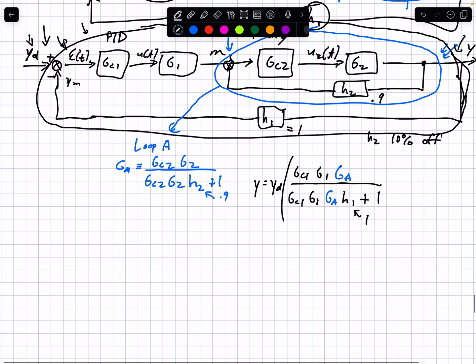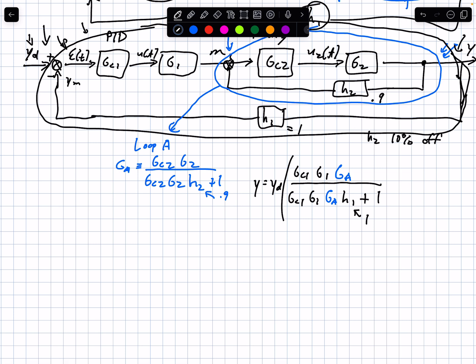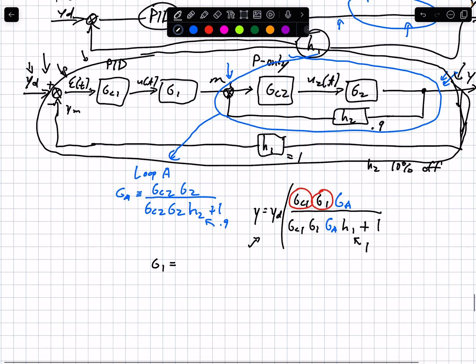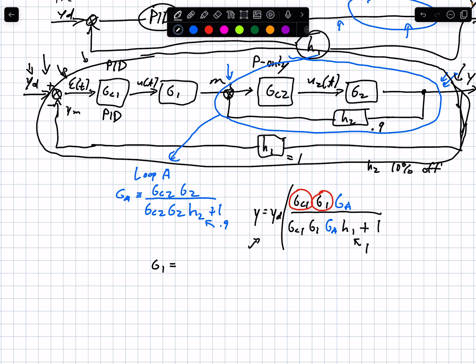All right, so in this y equation, what do we know? We actually know GC1 and G1. As we derived in class, because it's a PID controlled process, G1 is going to be beta theta divided by theta s plus 1. And we also know GC1 because it's a PID.